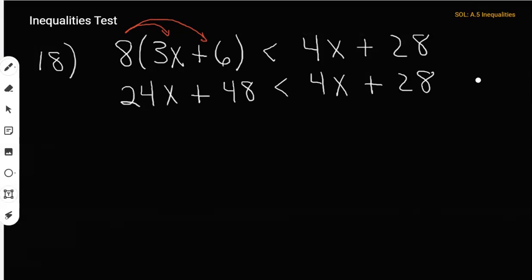Okay, so now as you can see, I have x's on both sides. I want to get all the x's on the left side. So to do that, I need to get rid of it from the right side, which means I need to subtract 4x. And I'm going to do that on both sides of the inequality symbol.